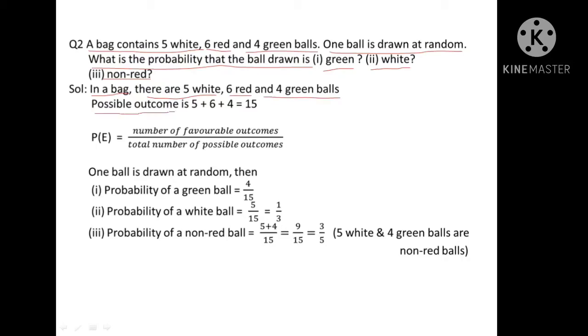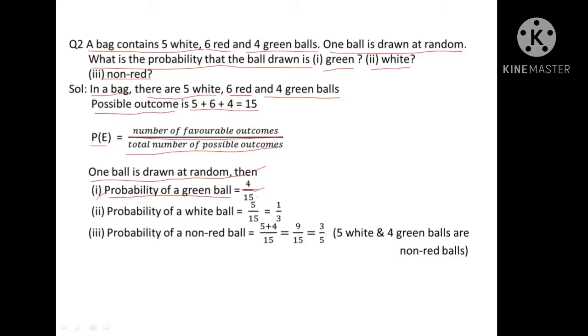So total possible outcomes will be 5 plus 6 plus 4 equals 15. Now the formula we have to use is probability of event equals number of favorable outcomes upon total number of possible outcomes. So one ball is drawn at random, then first we have to find the probability of a green ball. So probability of a green ball equals 4 upon 15.